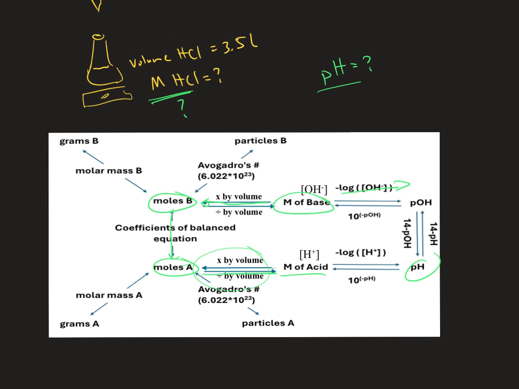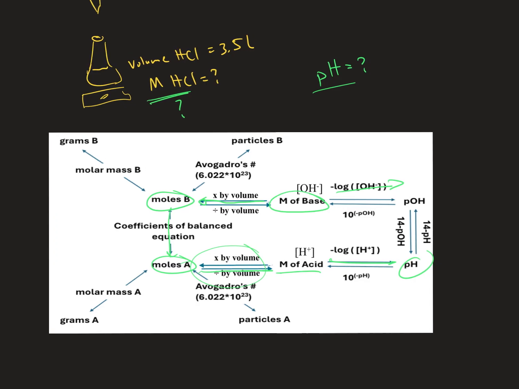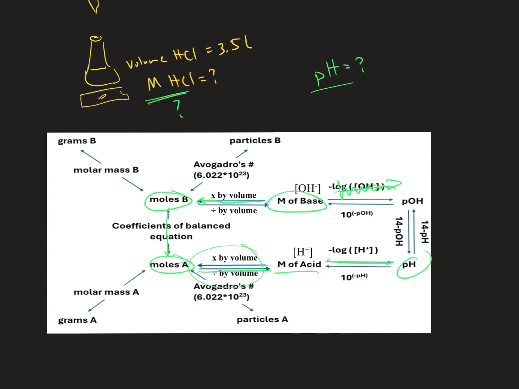And really in the lab, that's all we're looking for, right? And then if we wanted to calculate the pH, we could. Does that make sense to everybody? So we're not going to go this way because there's a few other known values we have to use.